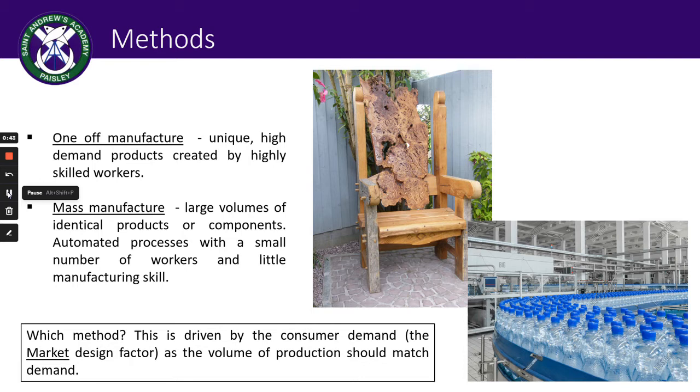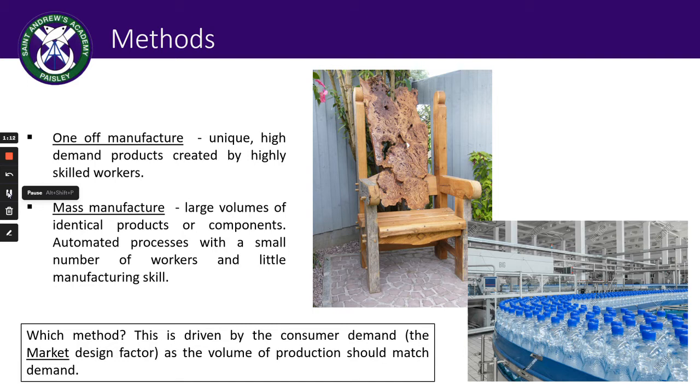And then there's mass manufacture, where large volumes of identical products are produced on a production line, like in the one shown in the image with the bottles. Here, all the processes are automated and controlled by computers, and there's really not too many people involved at all. So mainly people with little manufacturing skills or people who are there to carry out quality assurance checks.